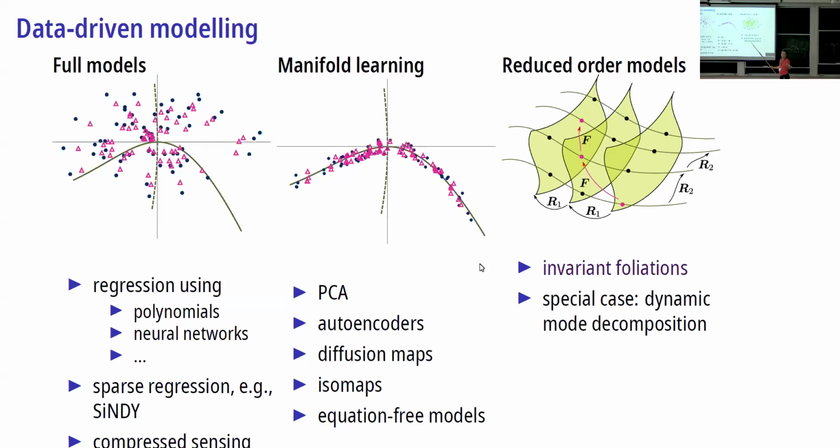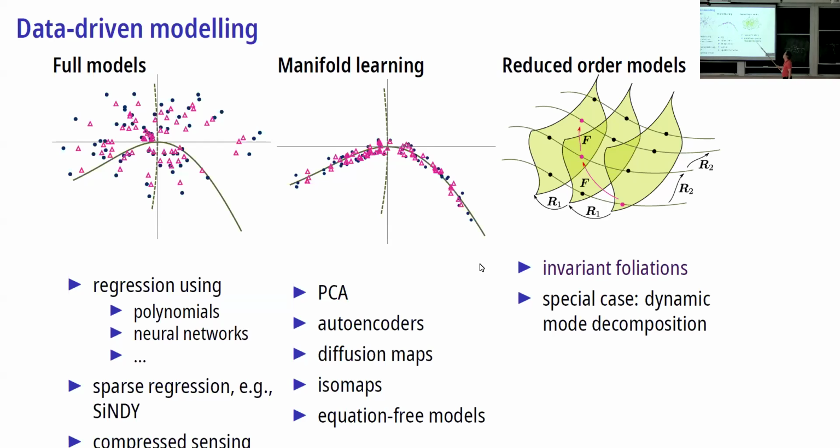If you have something nonlinear, you can use an autoencoder. In fact, that is the nonlinear generalization of PCA by Kramer from '91. You can use diffusion maps, isomaps, equation-free models, and I expect to hear about this class of methods in the next talk from Yannis. He has developed most of these.